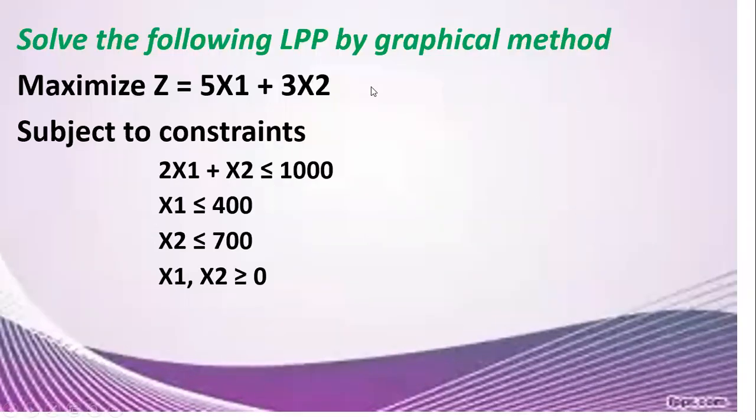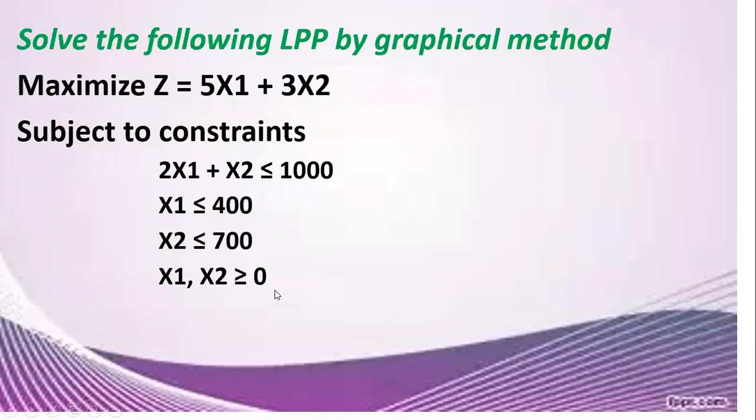First, we'll take an example. We have to solve this problem using the graphical method for LPP, that is linear programming problems. Here they have given: maximize z, that is the objective function, 5x1 plus 3x2, subject to the constraints 2x1 plus x2 less than or equal to 1000, x1 less than or equal to 400, x2 less than or equal to 700, and x1, x2 greater than or equal to 0.